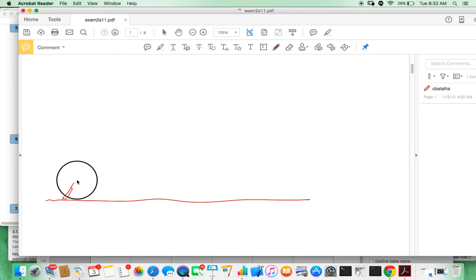firework, right? It's going to be shot with some angle, and it's going to go like this. Projectile motion, remember that. And then it said that when it gets to the highest point, it breaks in two fragments. One fragment and another fragment.